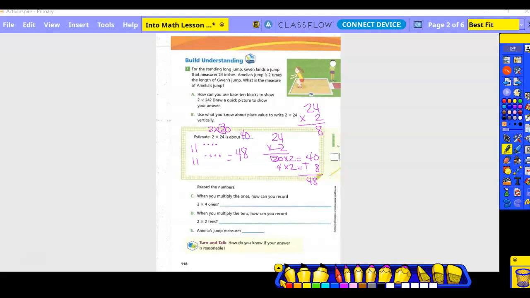So 2 times 2 is 4. And get 8 for the ones. Then we said that we would take 2 times the 2 tens, which is also 20, correct? And we got 40. And then those two added together would be 48, what? Inches.